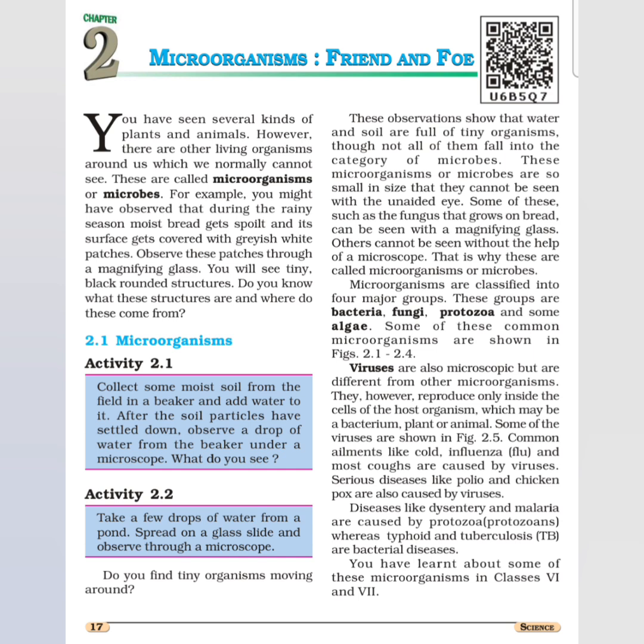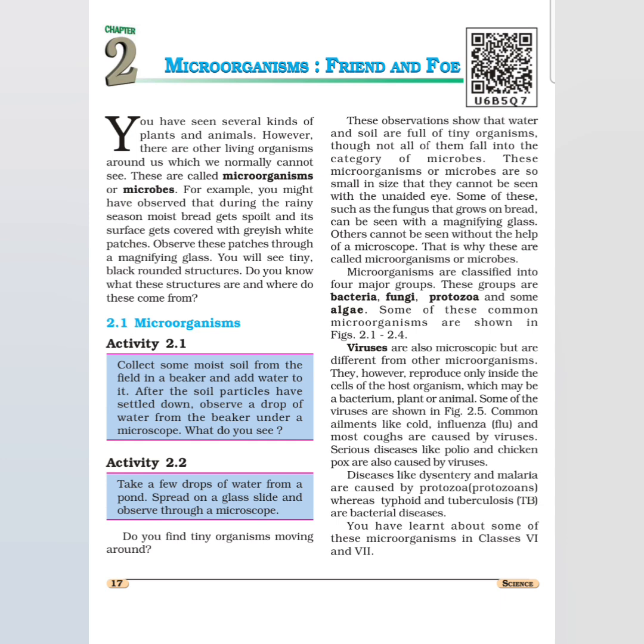Microorganisms are all around us in the air, water, and soil, but most of them are so tiny we need a microscope to see them. That's why they are called microorganisms. Okay, now see activity 2.1.